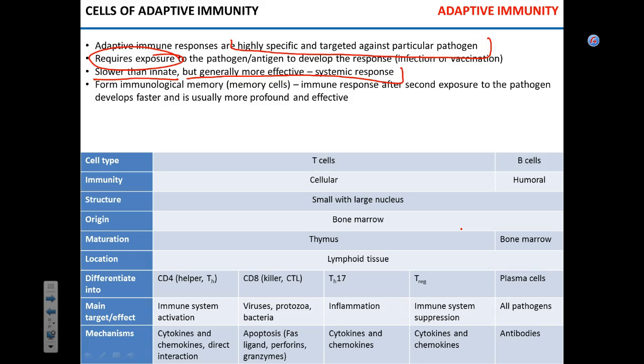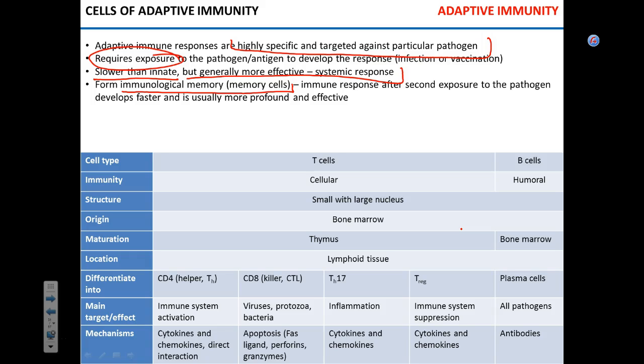And the last but not least feature of that system is its ability to form immunological memory by formation of a pool of so-called memory cells. Essentially, adaptive immunity remembers what you were exposed to.